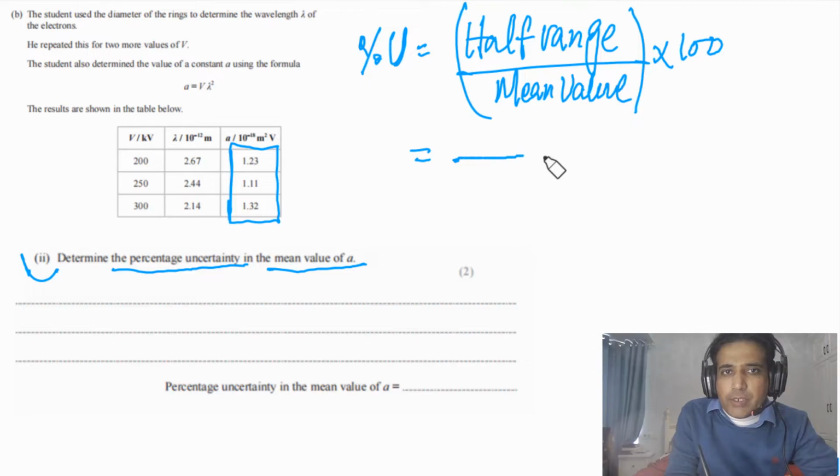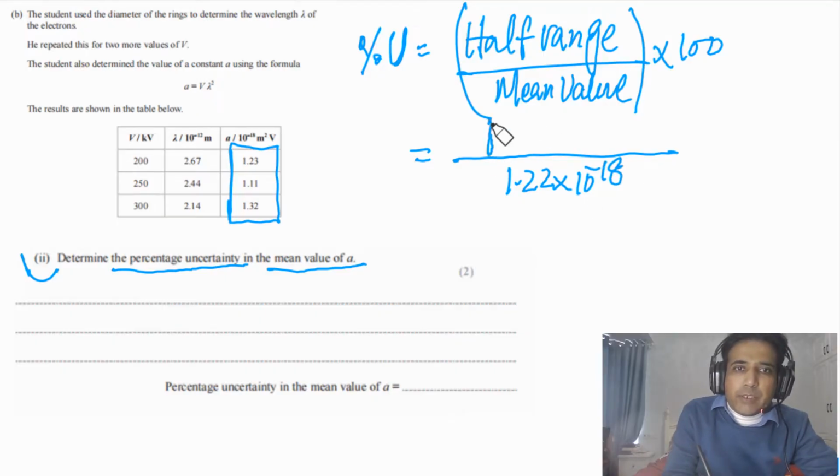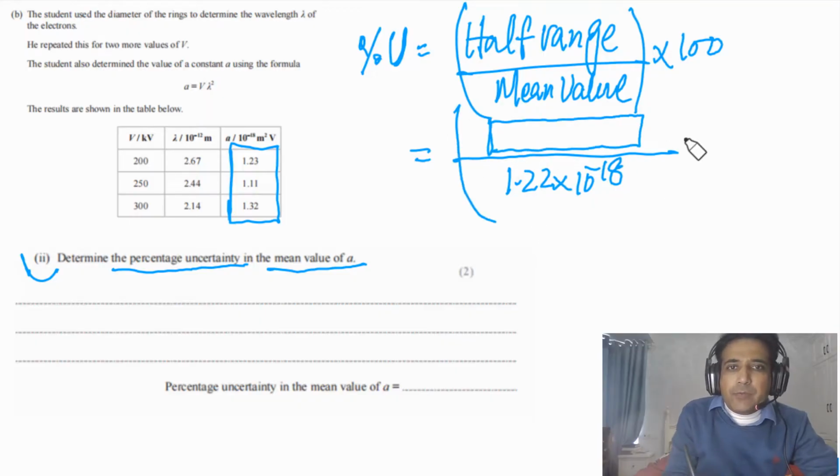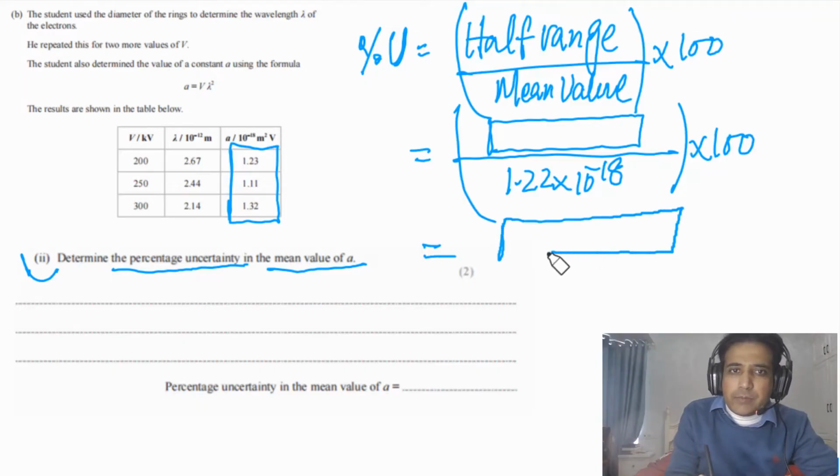We have already calculated mean value, that was equal to 1.22 times 10 to minus 18. So this is mean value. Now simply we need to calculate half range, and we need to multiply this one by 100, and we will get final percentage uncertainty in A.